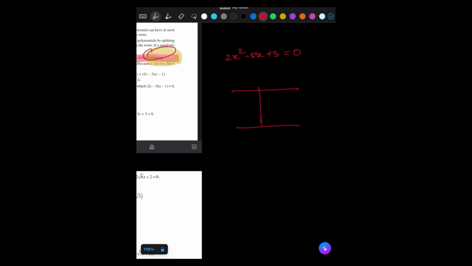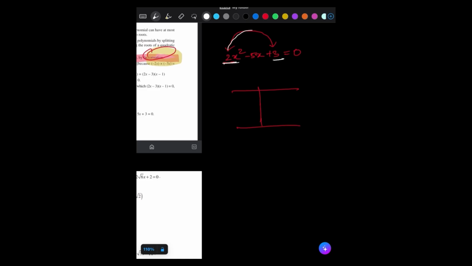So you need to multiply the first digit with the last digit. Leave the variables, you do not even mind the variable, just focus on the coefficient. And in the beginning itself, we know what is coefficient. Coefficient is the number attached with the variable, right? So here there is 2, here there is 3.